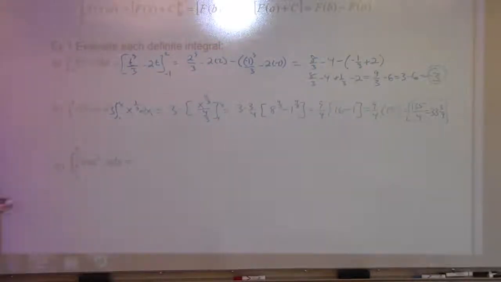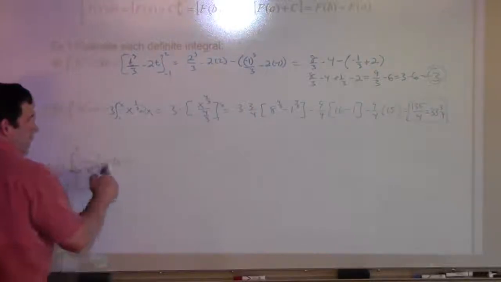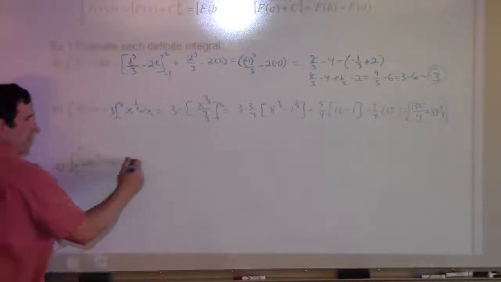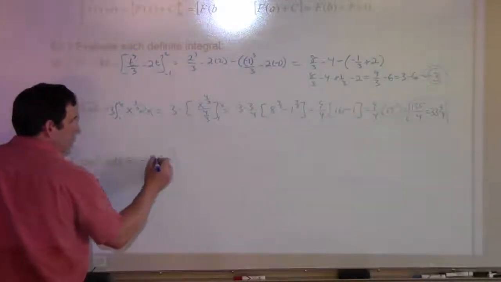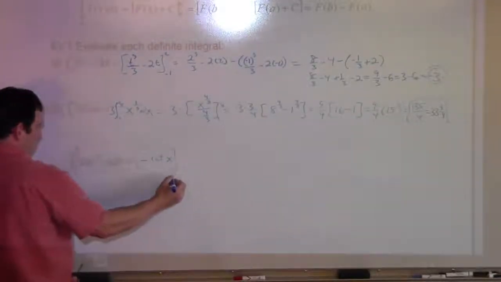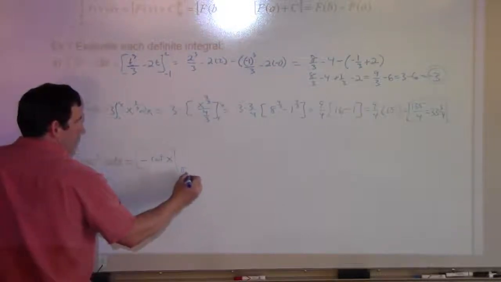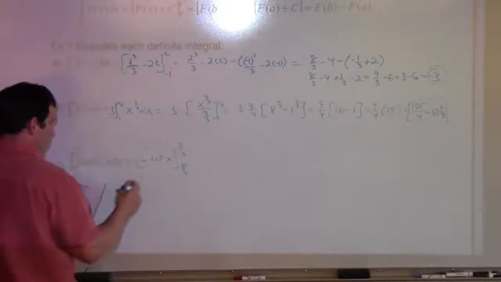And for c, we have the integral from pi over 4 to pi over 2 of cosecant squared x dx. And if you look this up in the chart, that antiderivative is going to be negative cotangent of x from pi over 4 to pi over 2.